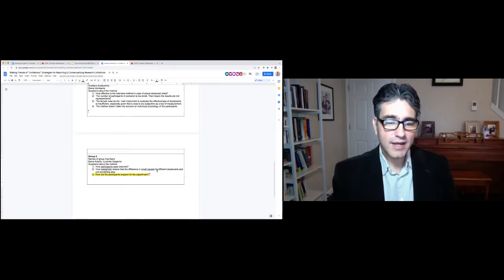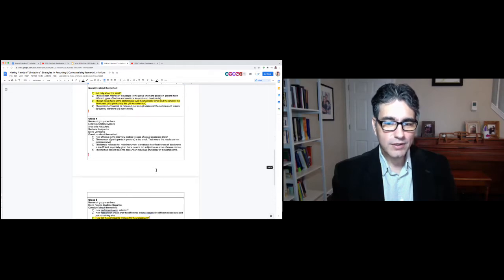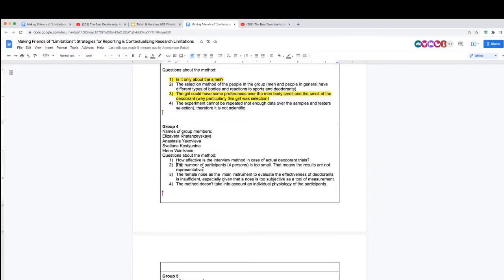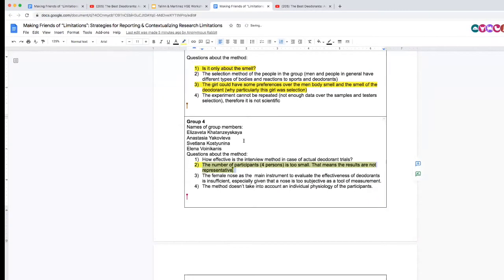And then group 4 talked about the sample size. So yeah, you have 4 participants, which makes you question the representativeness of the results.